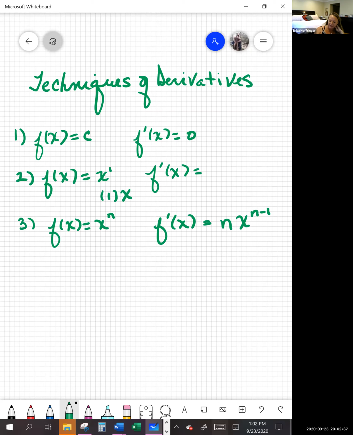And then it's x, and it says subtract 1 from this power, 1 minus 1, and 1 minus 1 is 0. So we have x to the 0 power, and anything raised to the 0 power other than 0 is 1. And so the derivative of just x is 1.